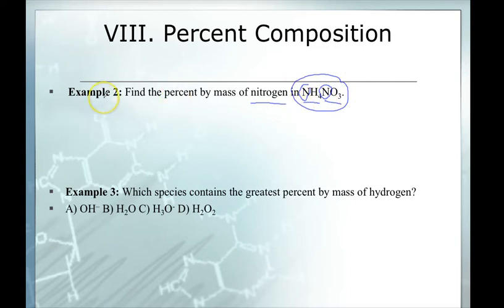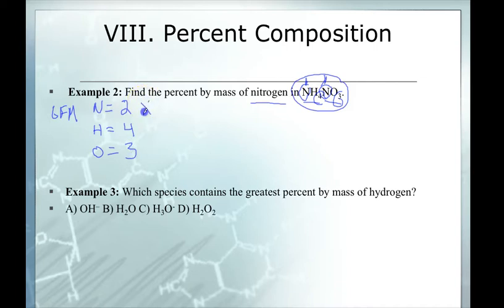So your first step is going to be to find the gram formula mass of the compound. And we did that before, so you have nitrogen, you have hydrogen, and you have oxygen. And you go back to the formula and you say, okay, I have 1 nitrogen here and 1 nitrogen here, so I actually have 2 nitrogens. I have 4 H's, and I have 3 oxygens.